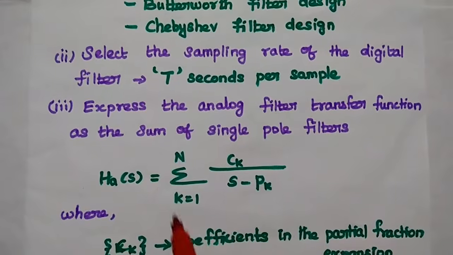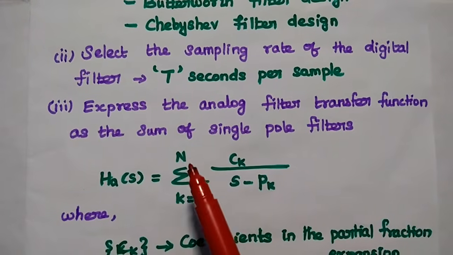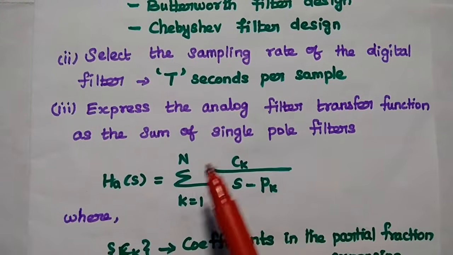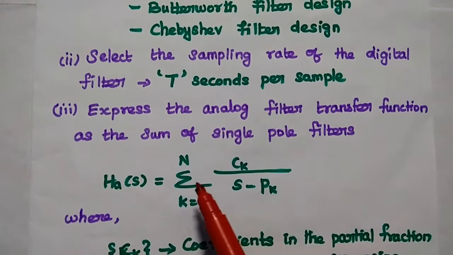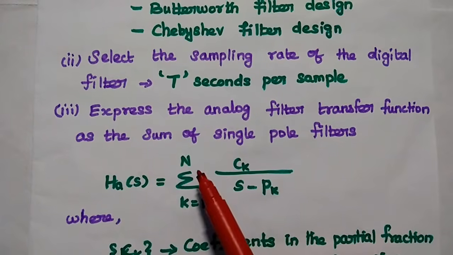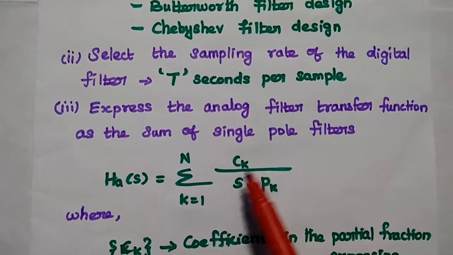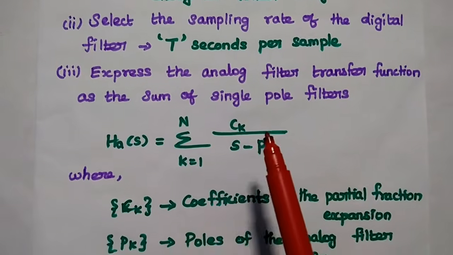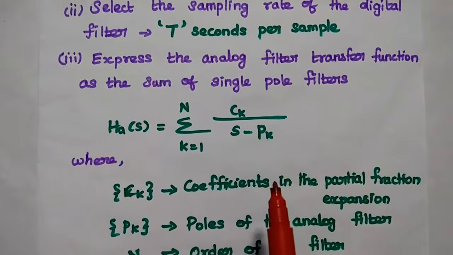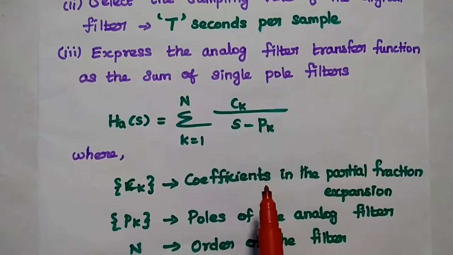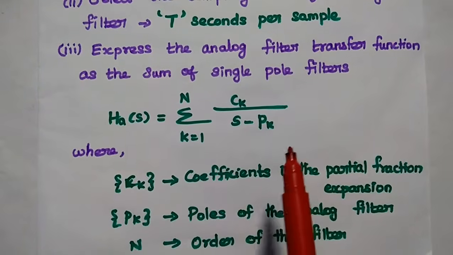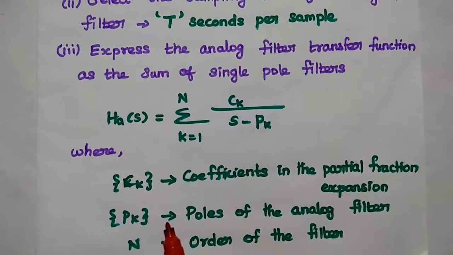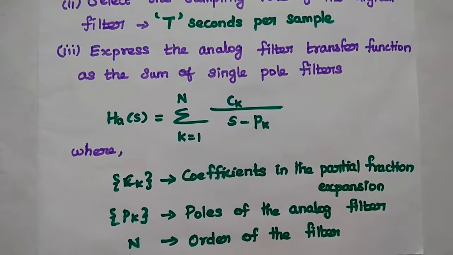We are going to express that transfer function as the sum of single pole filters using this format: summation k = 1 to N of ck divided by (s minus pk). Here ck represents the coefficients in the partial fraction expansion and pk represents the poles of the analog filter, and N represents the order of the filter.